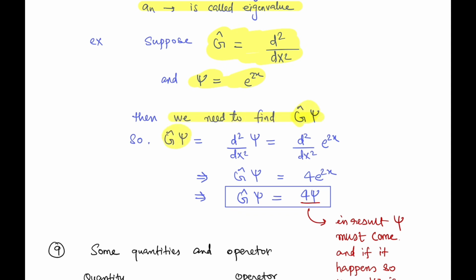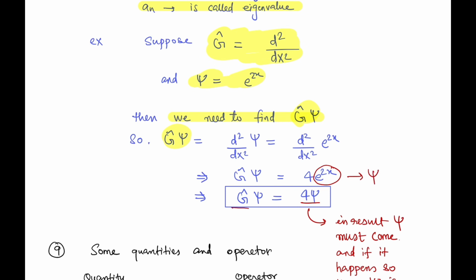So when we operate this g on psi, that means we are trying to find the double differentiation. When you double differentiate this exponential minus 2x, you will get 4 times exponential minus 2x, which is again psi.